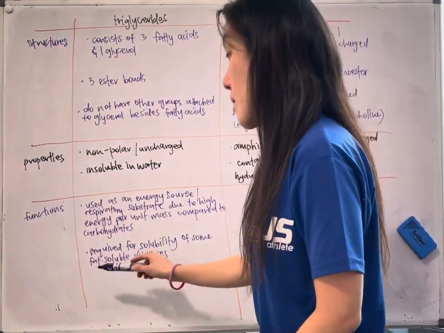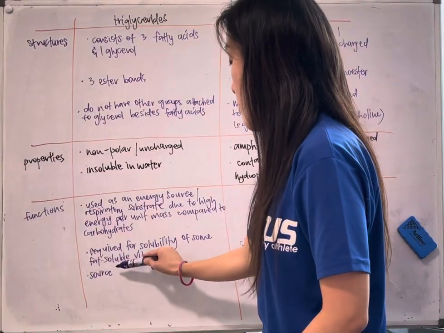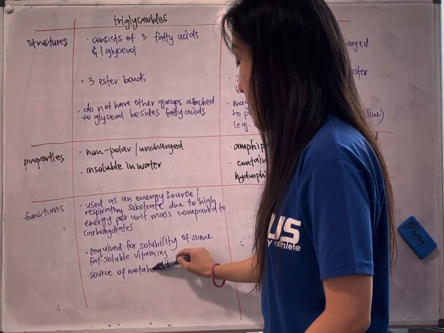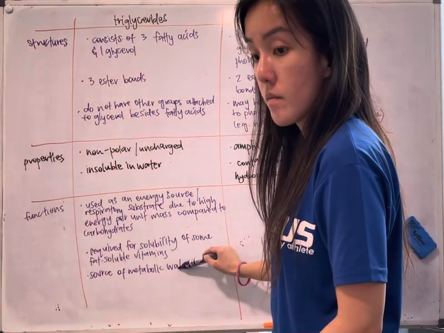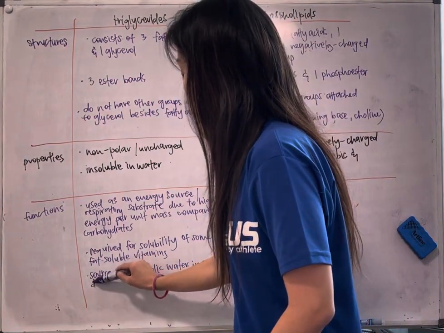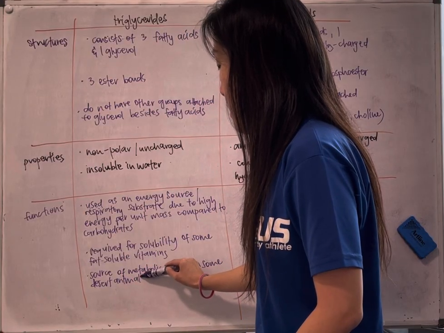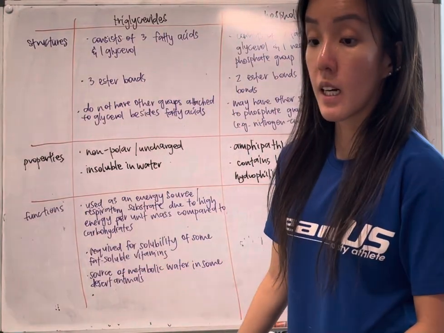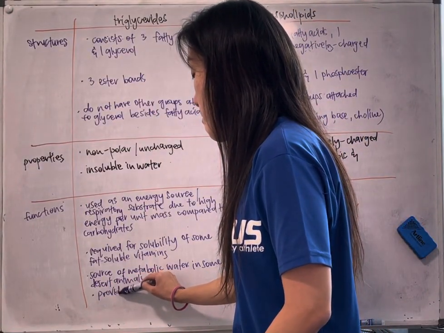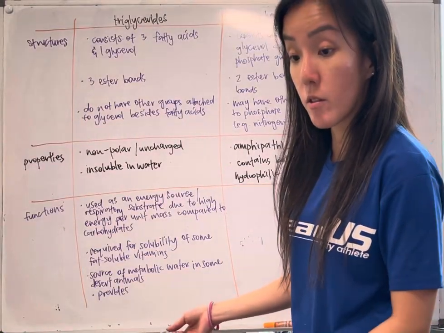Again, you can say some of them can be a source of metabolic water, especially for desert animals like kangaroo rats. Or you can also say it provides aquatic mammals, like whales, with buoyancy.